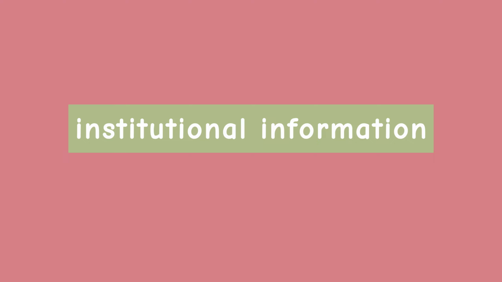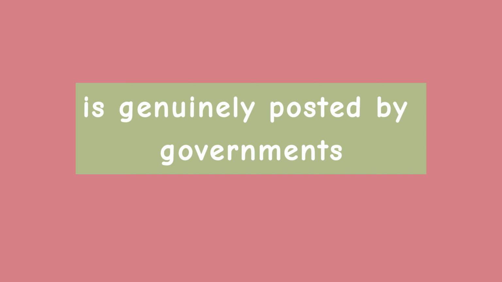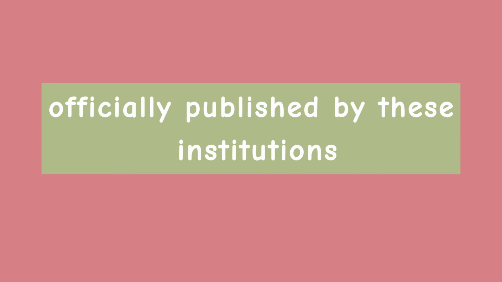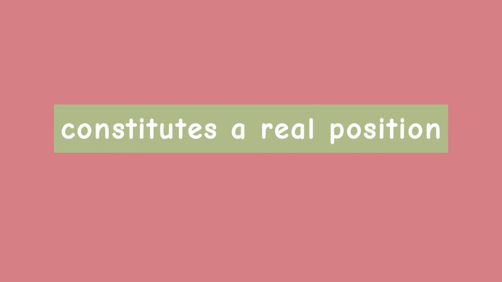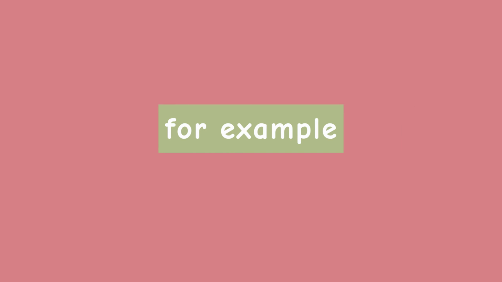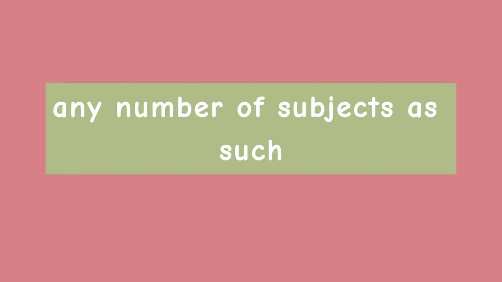Institutional information. This type of information is generally posted by governments, international organizations, or private companies. Therefore, the information officially published by these institutions constitutes a real position you can use to back up your claims. For example, The United Nations publishes official positions on any number of subjects.